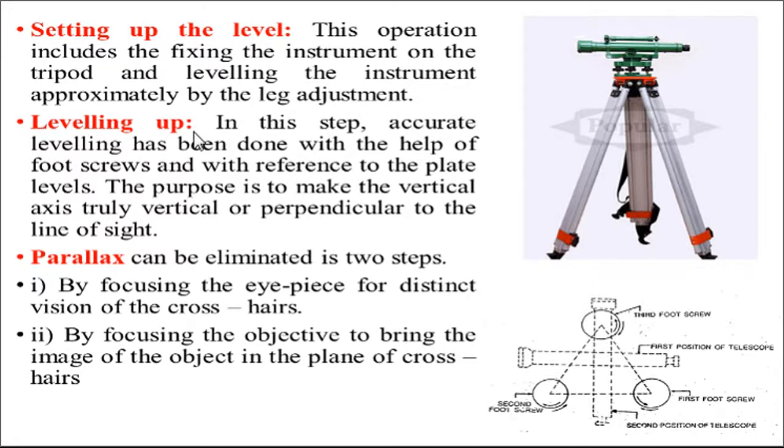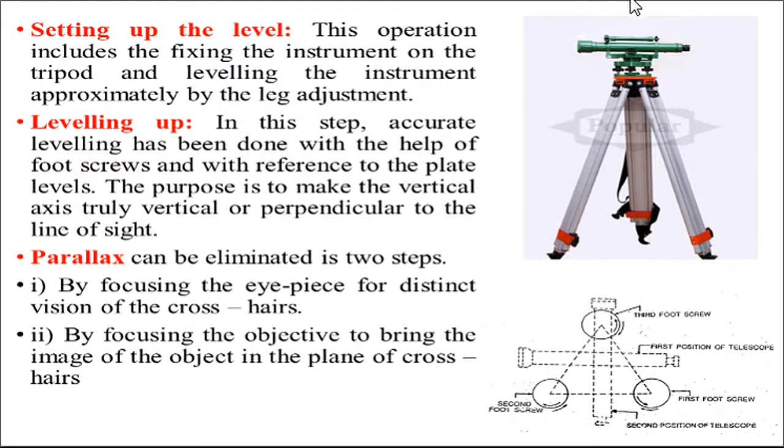Then leveling up. The accurate leveling of the instrument is done by the foot screws, with reference to the plate level, which is also called the level tube. The purpose is to make the vertical axis truly perpendicular to the line of sight.